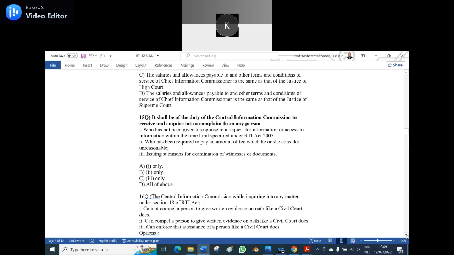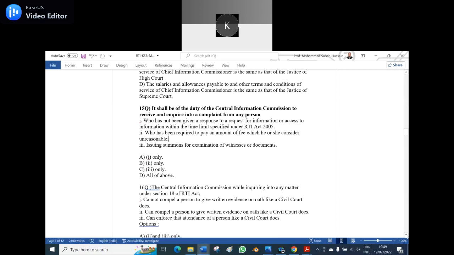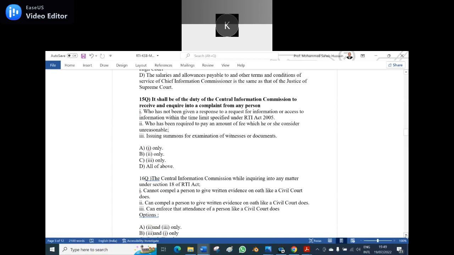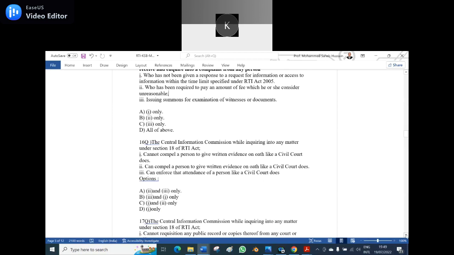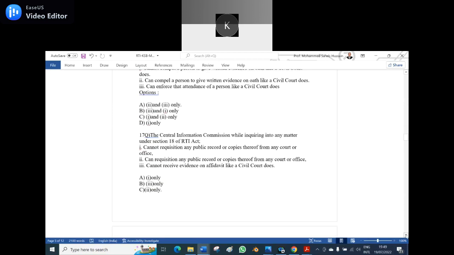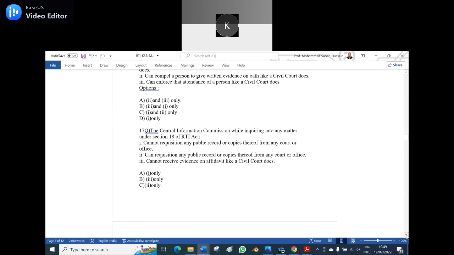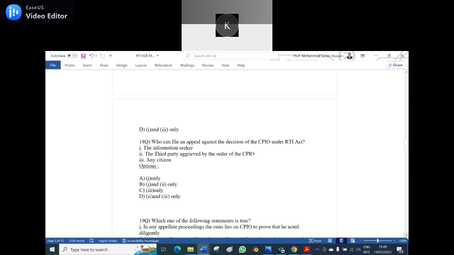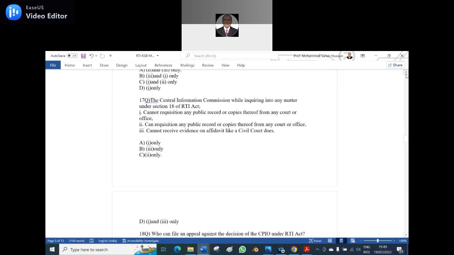It shall be the duty of the Central Information Commission to receive and inquire into a complaint from any person, one who has not been given, we have already completed. 16th question, that is also over. Completed. From where you left? Yes, 17th question, sir. To my knowledge, you continued up to 15th.